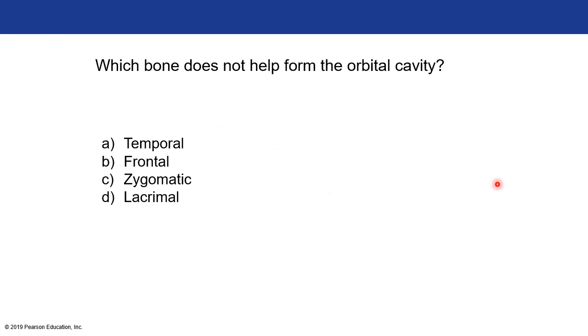Just talked about it. Temporal bone. Where are your temporal bones? Okay, let's all touch our temporal bones. Class exercise. All right.